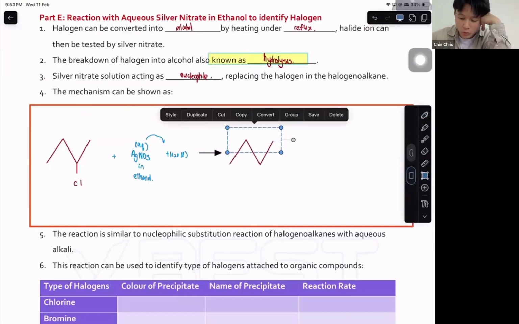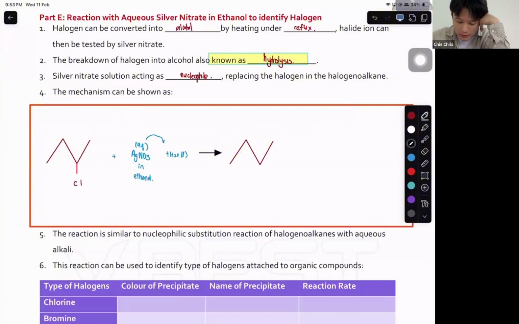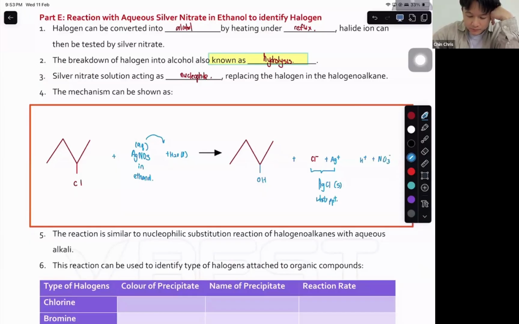We have an alcohol, and eventually we will have a Cl minus combine with an Ag plus, and this will turn into a precipitate, which is AgCl precipitate. Then you also have an H plus and an NO3 minus. That's it.